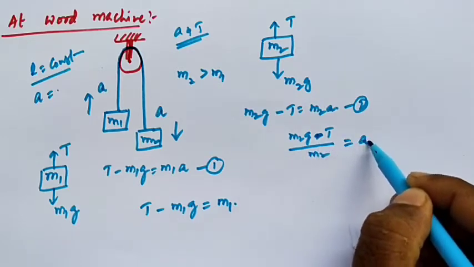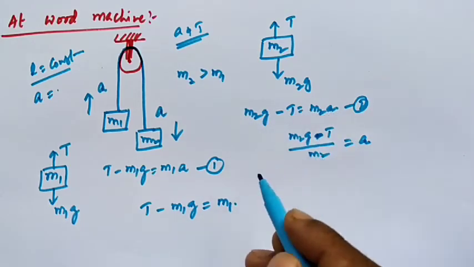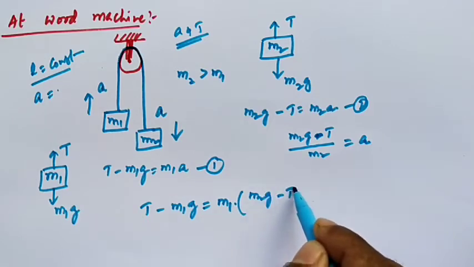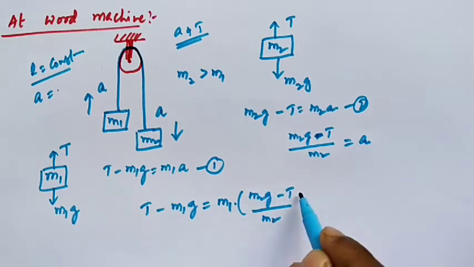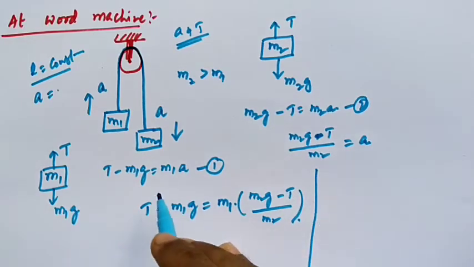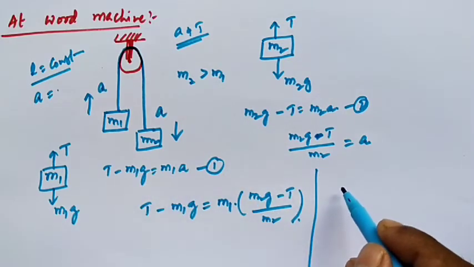From the second equation, a is equal to (m2g minus T) by m2. So T minus m1g is equal to m1 times (m2g minus T) by m2. From this we can calculate the T value.